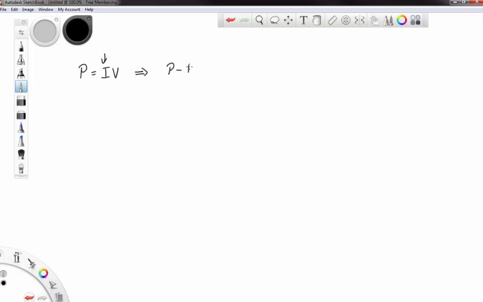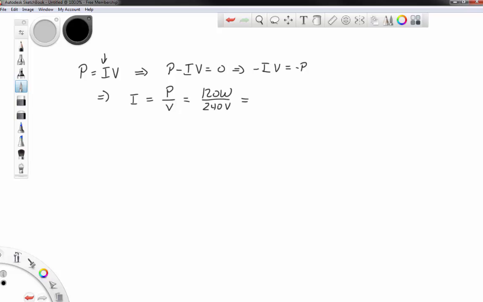So that means that P minus IV is equal to 0, and that means that minus IV is equal to minus P. So that means that the current should be the power divided by the voltage. The power was given as 120 watts. The voltage was given as 240 volts.